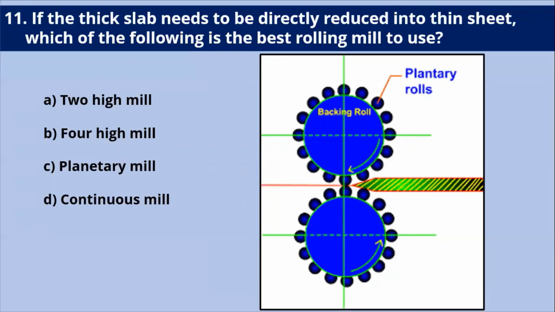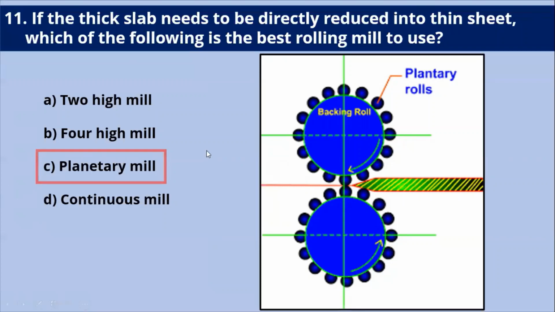But in the planetary mill, if you see, this is a planetary mill, and it consists of a main roll and backup or supporting rolls in a circular arrangement. The overall reduction is the summation of a series of small reductions by each pair of rolls, and therefore the planetary mill reduces directly to thin sheet in one pass through the mill.